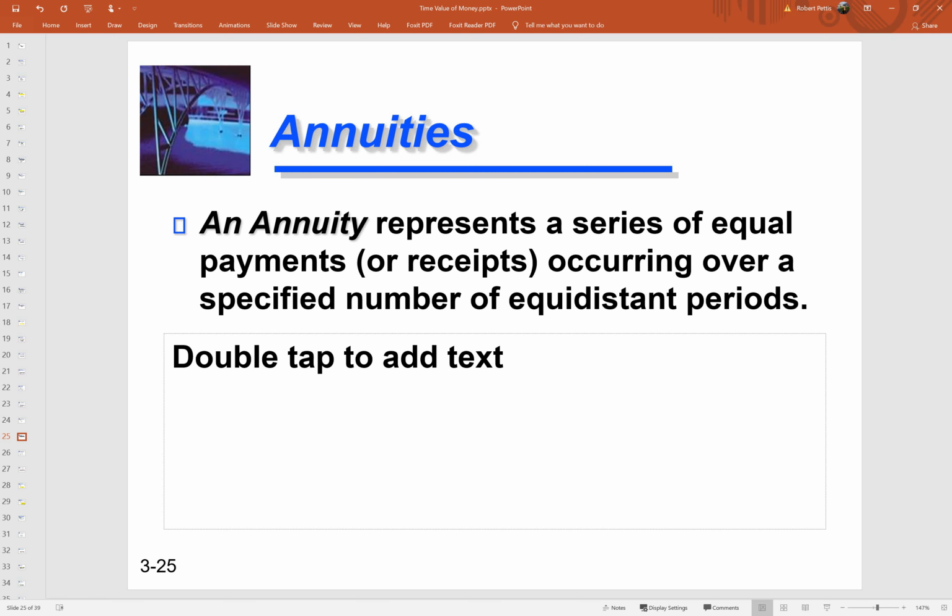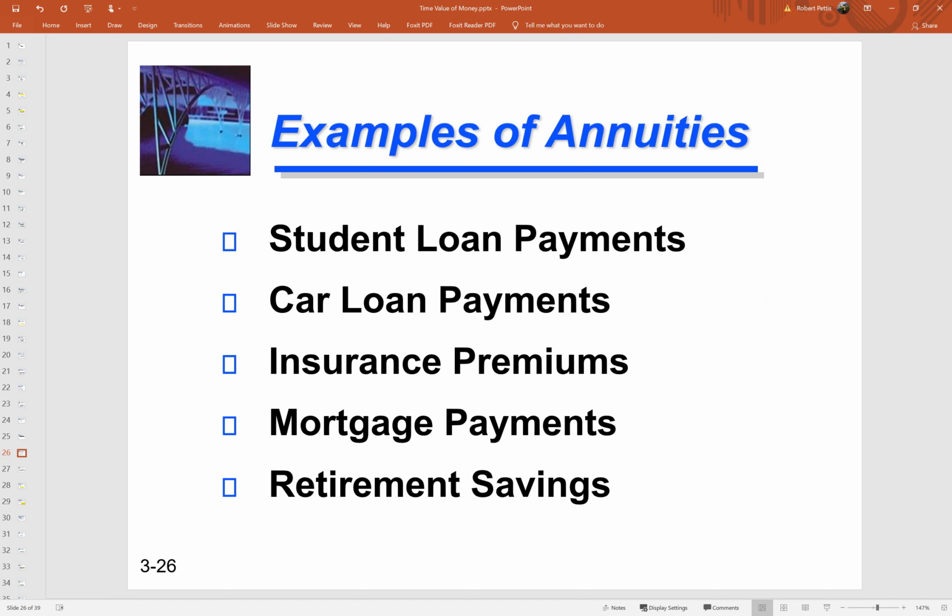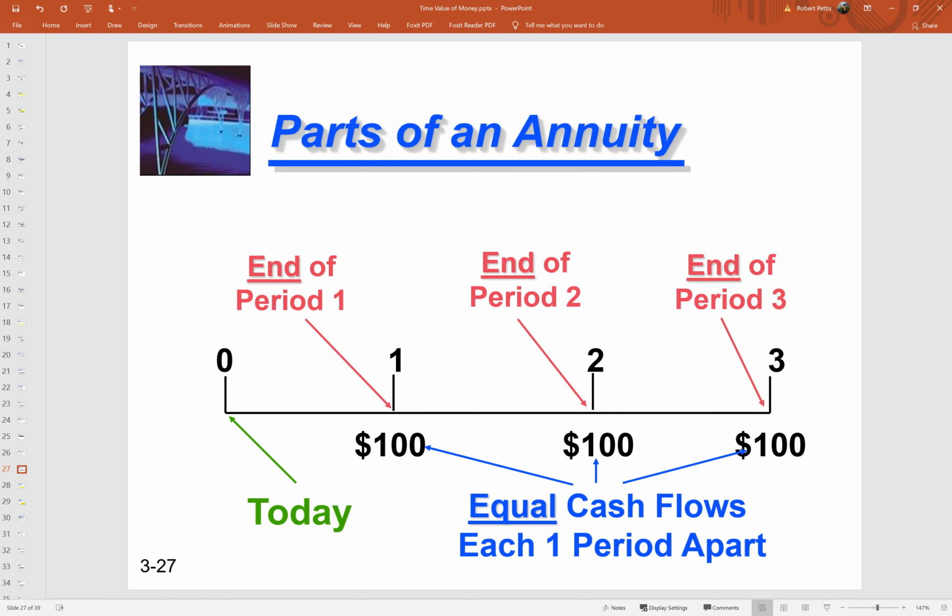But an annuity represents multiple revenue streams over time. Okay, so for example, your student loan payments, car loan payments, you may pay insurance over time, mortgage, retirement. Okay, so all these things, rent at your apartment, really, that's not something that you're going to get to hold on to yourself, but your rent's not going to be changing over time. So it's a revenue stream for somebody, right?